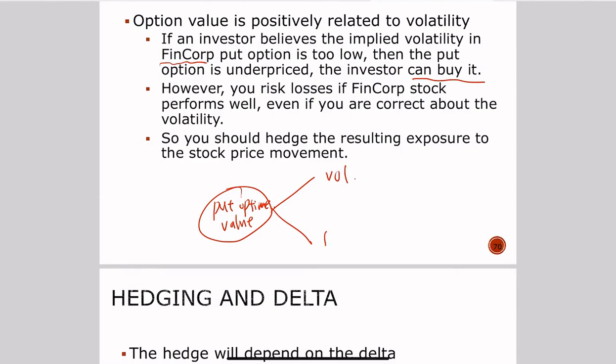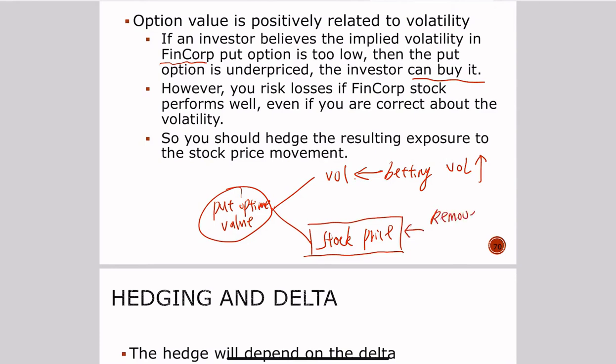The second is stock price. And as an investor, you're only betting on this. You're betting volatility will increase. So this is your investment thesis. You're not betting on stock price. So you will want to remove this part. So you will want to remove the effect of stock price on your put options value.